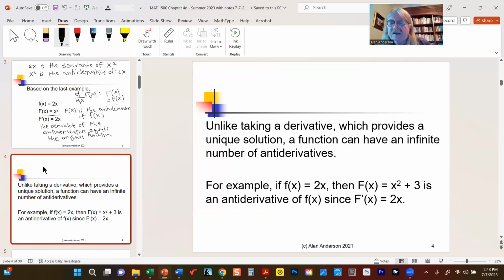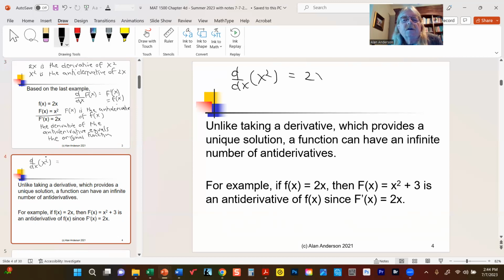Now, taking a derivative, now this is where it gets very strange. If you take a derivative, you'll get a unique solution, okay? So in other words, the derivative of x squared is 2x, end of story. But if you notice, the derivative of x squared, let's say plus 1, is also 2x.